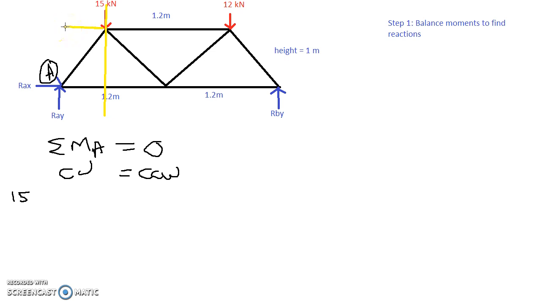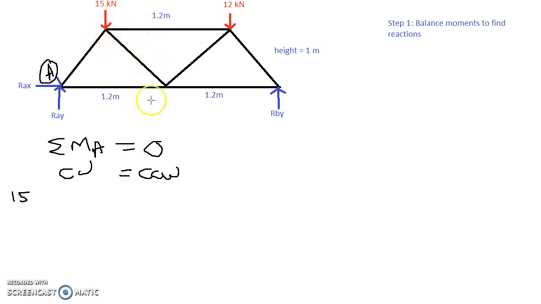So we take that along until it's in line with point A, or you could visualize it this way. It could be that distance there as well. So there's two ways to look at this. Either this distance here is 0.6 because of what we just talked about, or we're halfway along this member here, which is 1.2. So the perpendicular distance is also 0.6. There's a right angle there, right angle there.